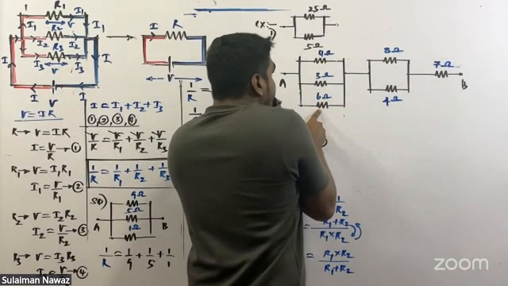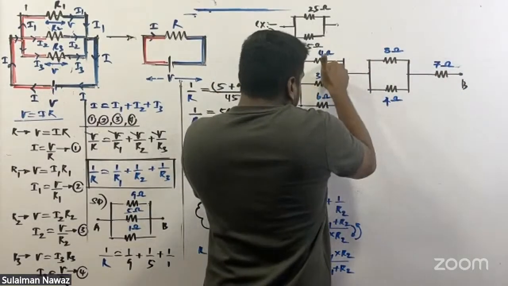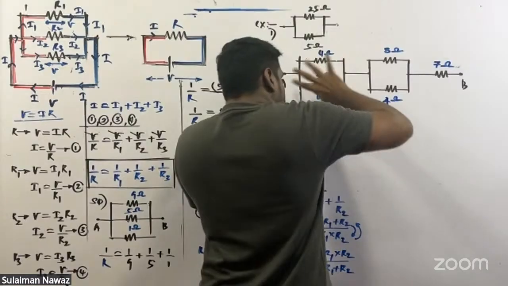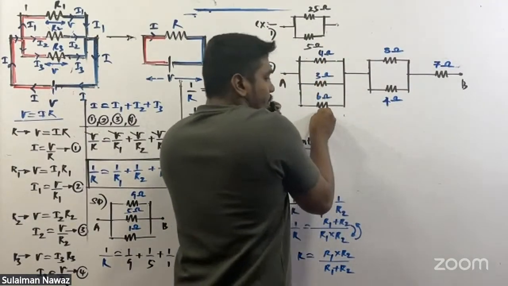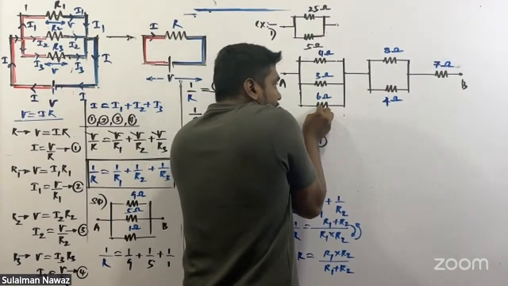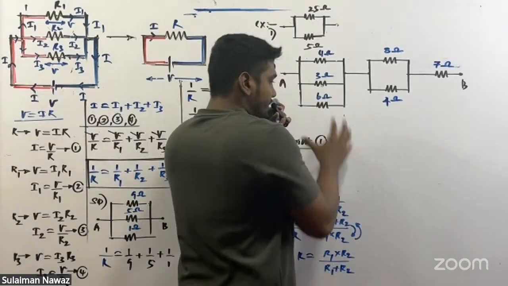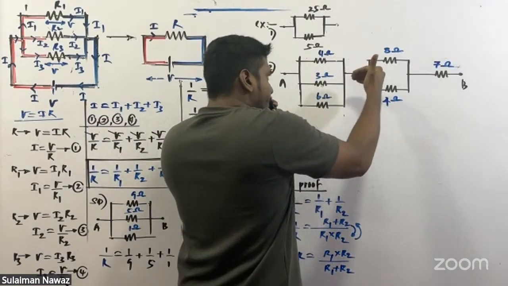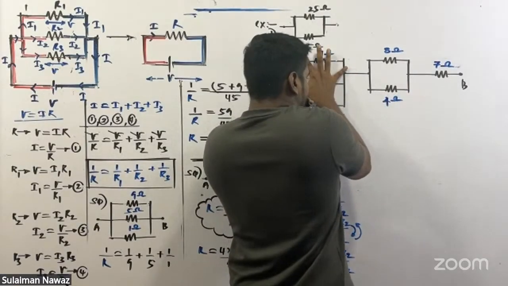Forget about the remaining. When we consider these 3 resistors in this system, these 3 resistors are in parallel. So when I consider these resistors, I forget about the rest.